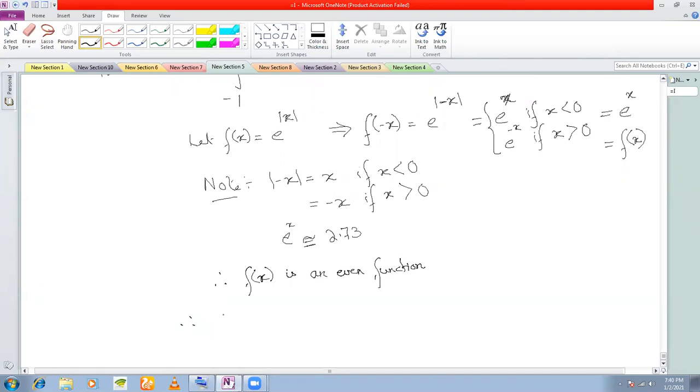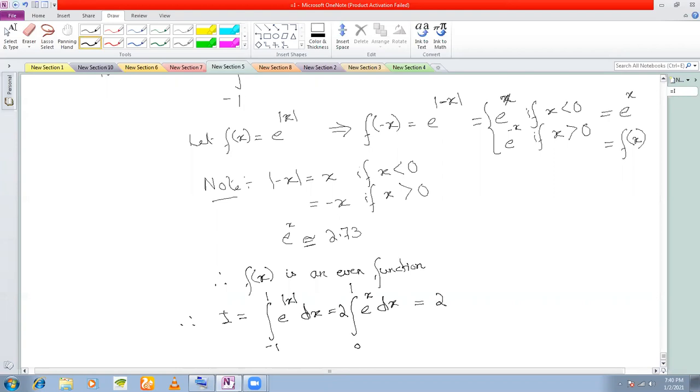Therefore, I will be equal to integral minus 1 to plus 1 e to the power of mod x dx. I can simply write this as twice of integral 0 to 1 e to the power of x because it is an even function.